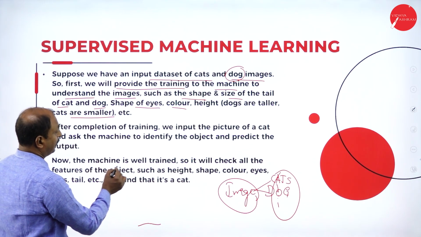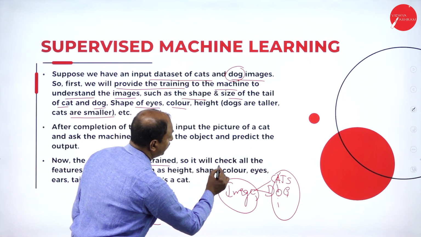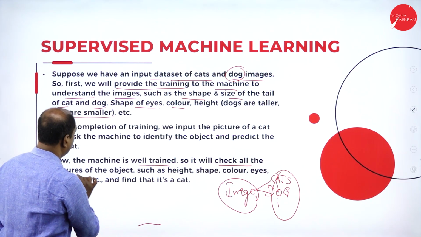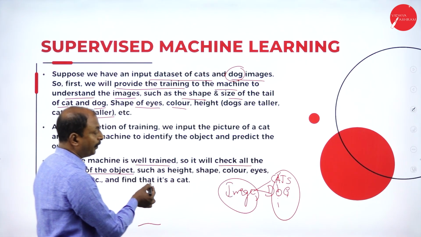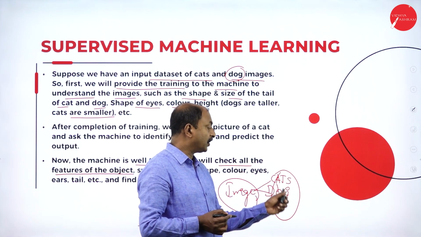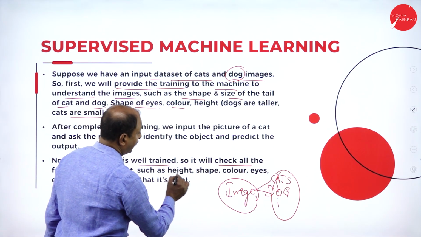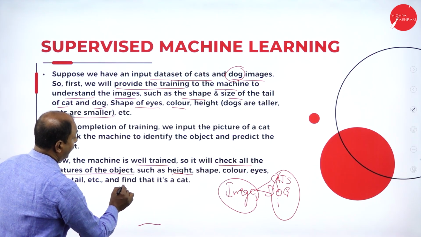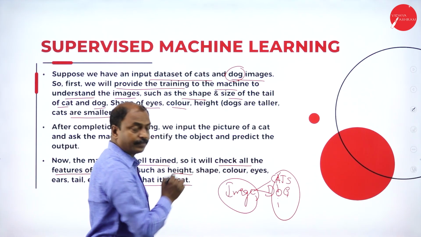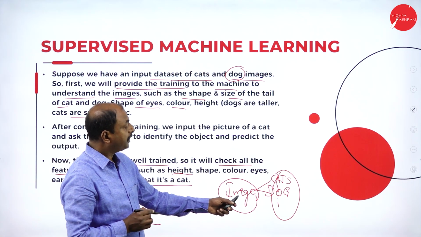So here the machine is well trained, so it will check all the features of the object. For example, here the objects are cats and dogs. We have given the features of the object such as height, shape, everything, and it finds that it is a cat.